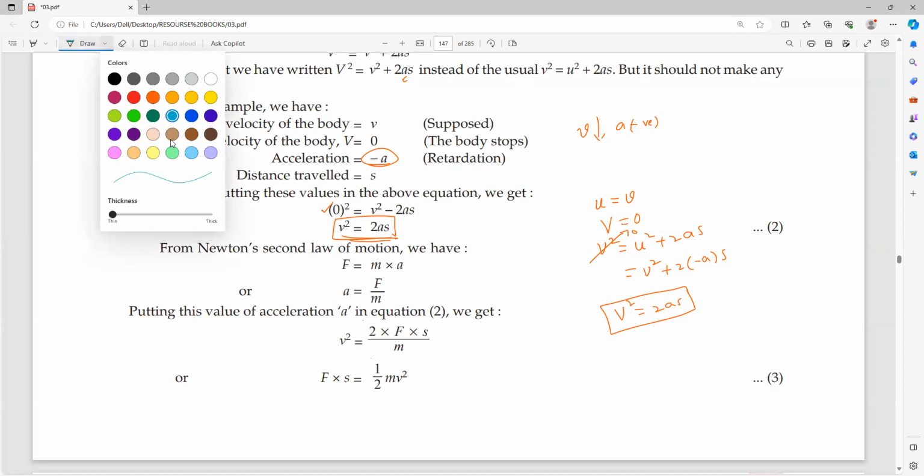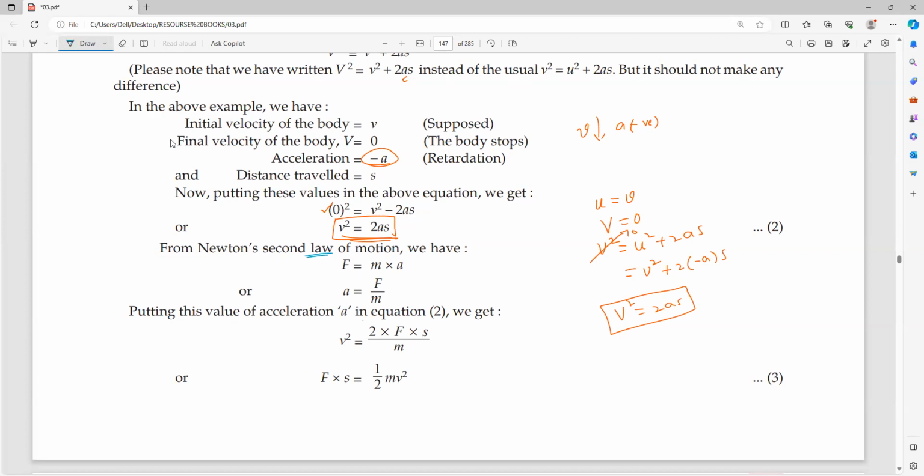And again, from here, Newton's second law. It is a rather confusing method also. We replace using Newton's second law, F equals ma, so a equals F by m. Then this a we substitute in place of acceleration. So we get V square equals 2 into F by m into S. Then we keep F into S on one side, and m comes to the other side. Multiplication becomes division.